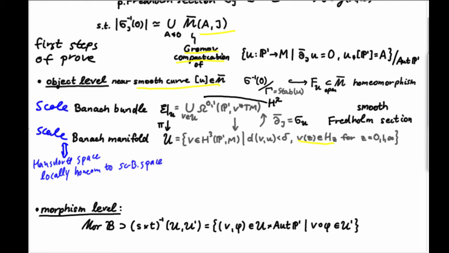And the transition maps that in this case are induced by these homeomorphisms should be not smooth but scale smooth.